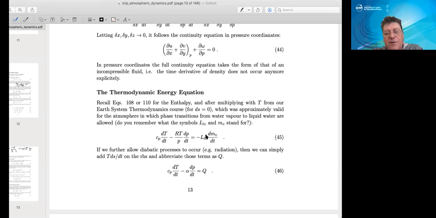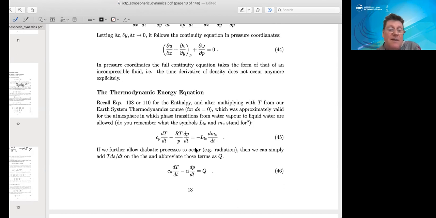This would be just the term where we consider a rising parcel, a moist rising parcel. Otherwise, if the air is not moist, then the right-hand side here would be 0, and our potential temperature would be constant. But if we have the possibility that in a rising parcel the water vapor is condensing, then we may get this additional term.